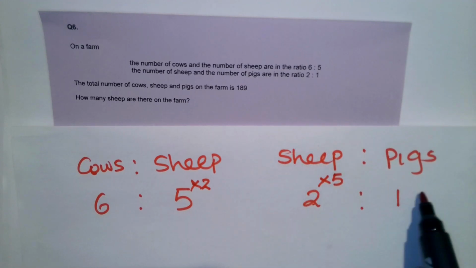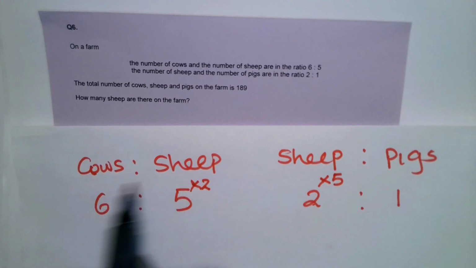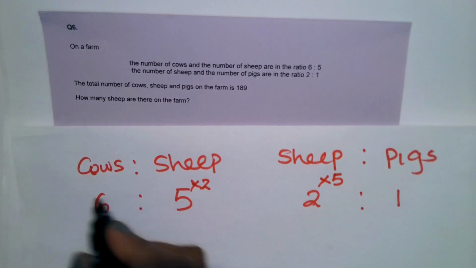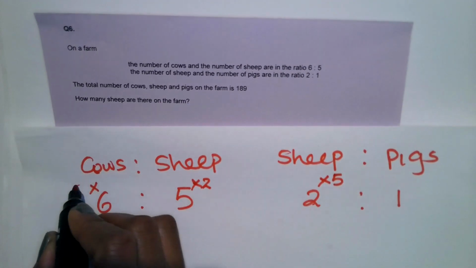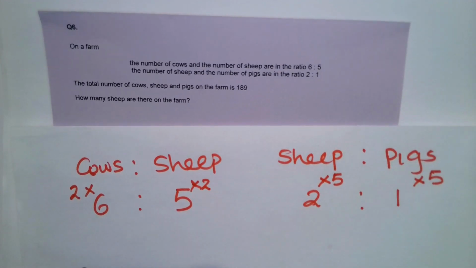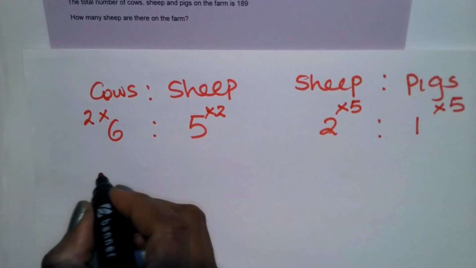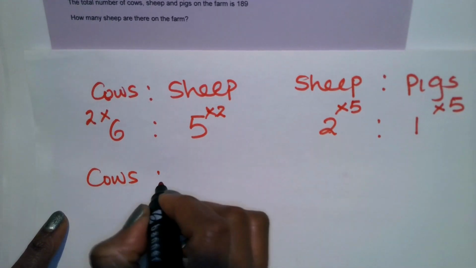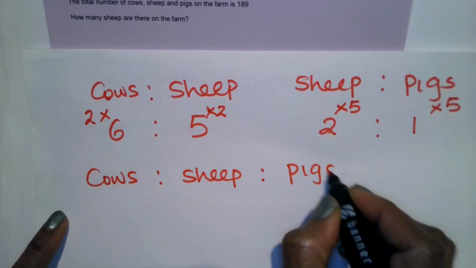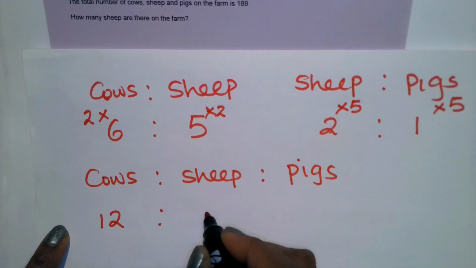Now we know that sheep to pigs is on the right hand side, and cows to sheep is on the left hand side. So whatever we do for this side, we also do for the cows. So we're going to multiply by 2, and we're also going to multiply this by 5. So now we can have cows to sheep to pigs in the ratio of 2 times 6 is 12, 5 times 2 is 10.